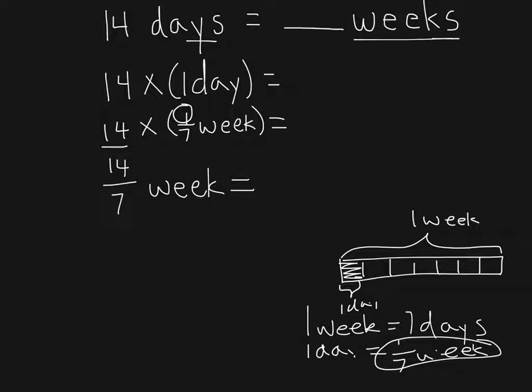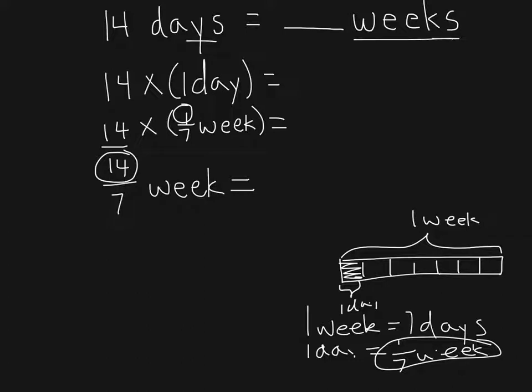And as you know, whenever we have a numerator that is larger than the denominator, that means that we can turn that into a whole number, hopefully, or a mixed number, if not a whole number. So every time I take out 7/7, I get 1 whole week.